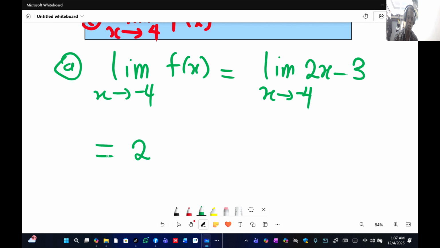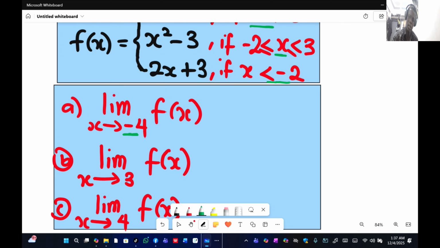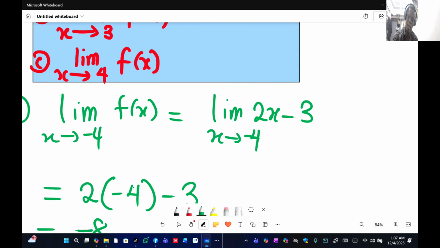So it's 2 times negative 4, then minus 3, which gives negative 8. Actually, I think the function is plus 3, not minus 3, so let me correct it. Yes, plus 3.